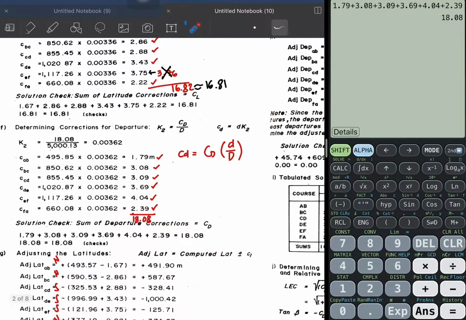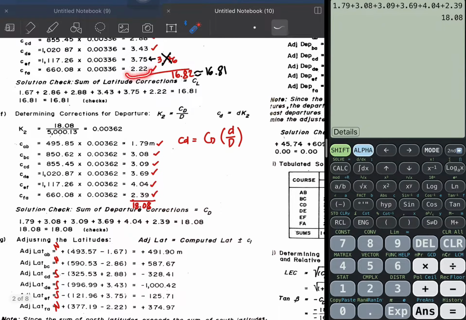And then for latitude of line DE, this is the correction. And you have the computed latitude. So this is south, so plus or add. And then for this one, that is line EF, that is south, so add. Then you have for line FA, that is north, so minus.